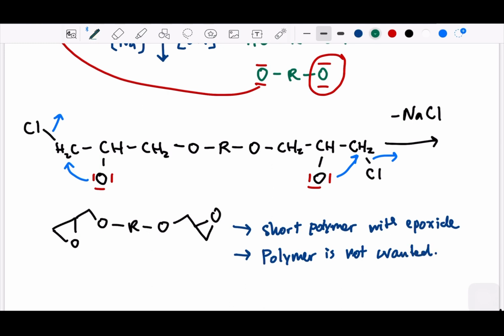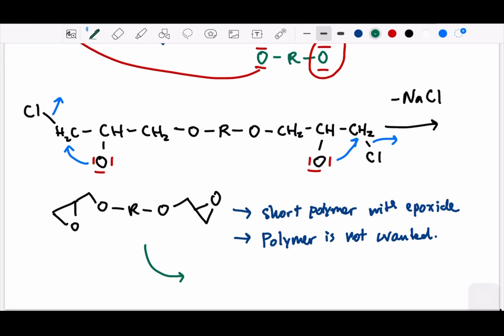Then what should we do? First, we need to add epoxide in excess.